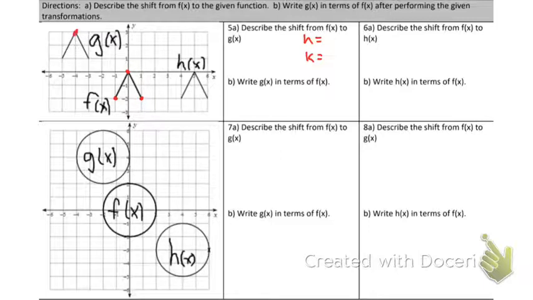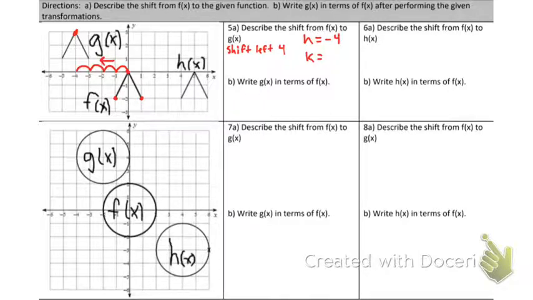So let's go here. As you can see, it's pretty obvious. We're going to shift 1, 2, 3, 4. So we're shifting to the left 4. Shift left 4, which means my h value, since we're shifting left, is going to be negative 4.